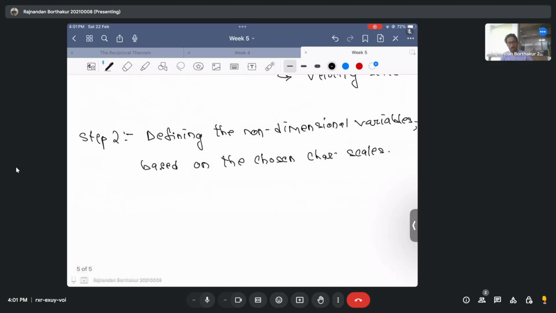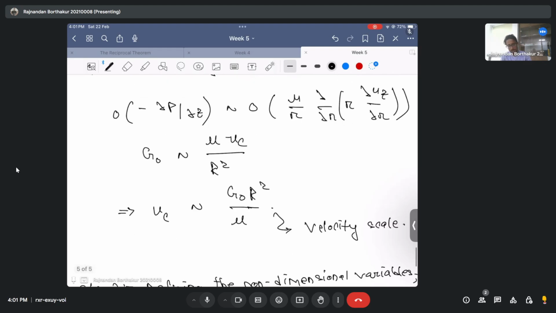Okay, so in all the analysis that follows from this point on, we will denote any non-dimensional variable with a bar over its letter. For instance, I will define my non-dimensional uz component of velocity as uz bar, and this is nothing but your dimensional uz divided by your characteristic uz, which is uc. Okay, and uc is just this g naught r square by mu.